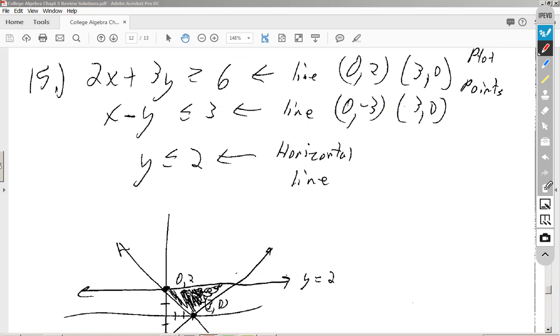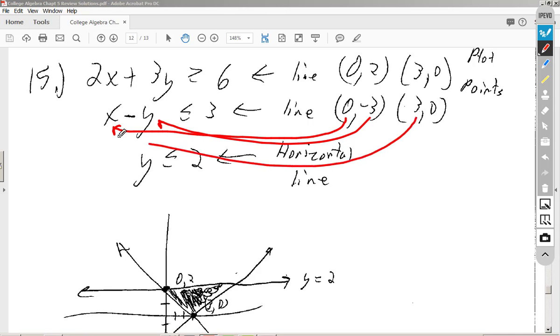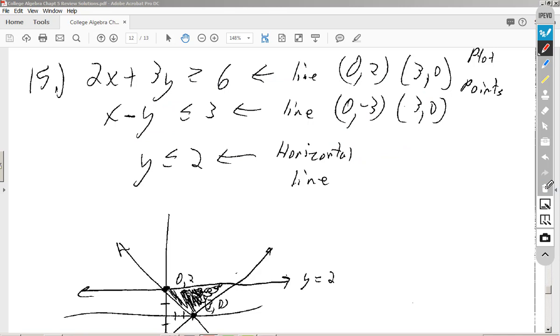Now here's my next intercepts. I put in x is 0. That means y would have to be negative 3, because a negative makes that a positive. So that's my point (0, -3). When I put in my 3, I get my 0, and 3 minus 0 is going to be 3. Those are the points that I'm going to plot to make my shape here.